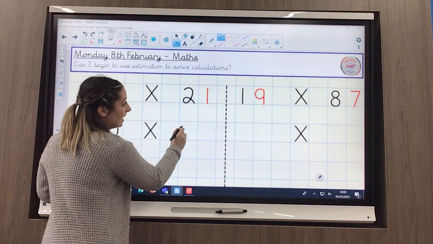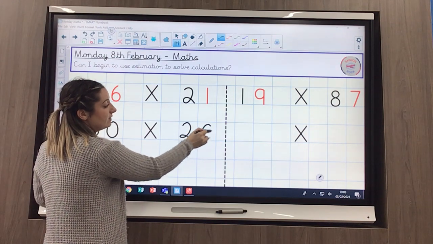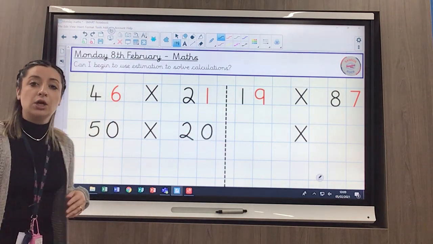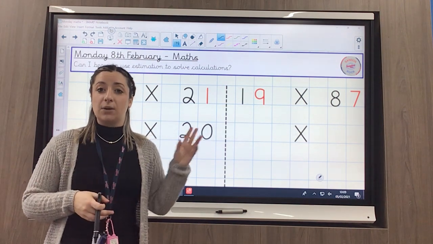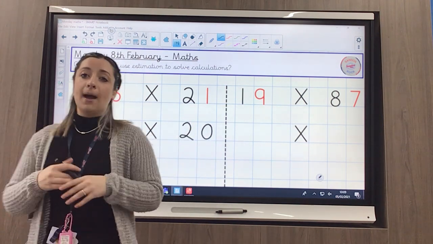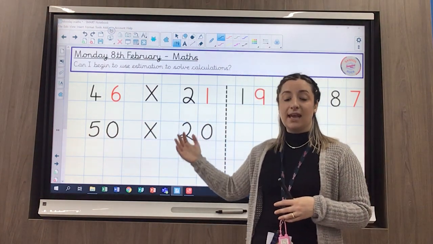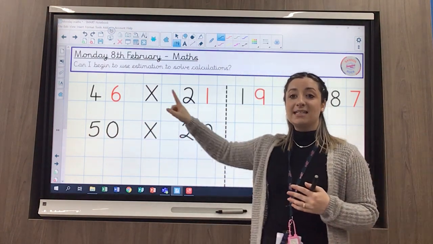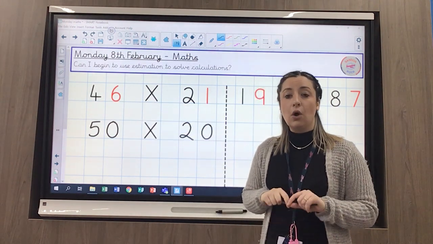So I'm going to stay at 2 in my tens column, and then I need to have a 0 in my ones column, because I'm rounding to the nearest 10. Okay, so it always has to be the nearest 10. And because I have got 50 multiplied by 20, that will be able to give me an estimate, a very close guess to what this multiplication sentence would be.